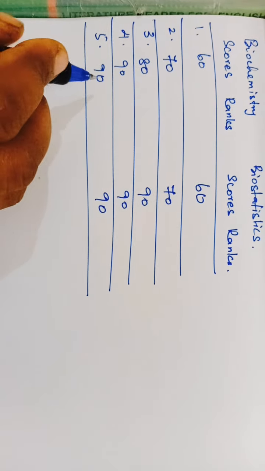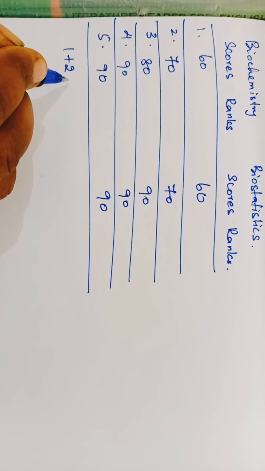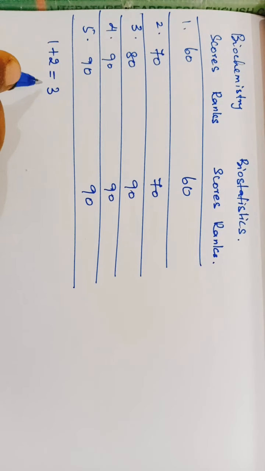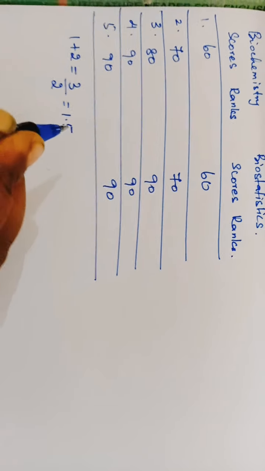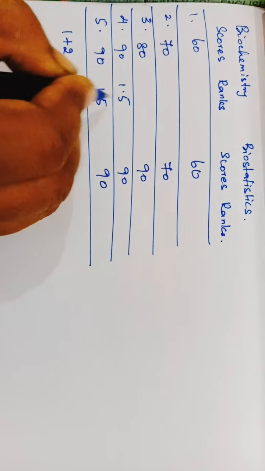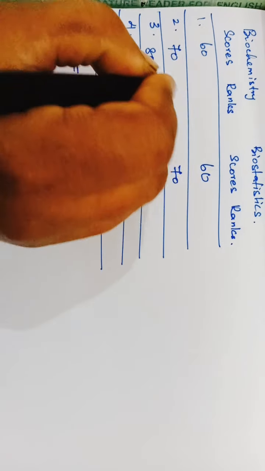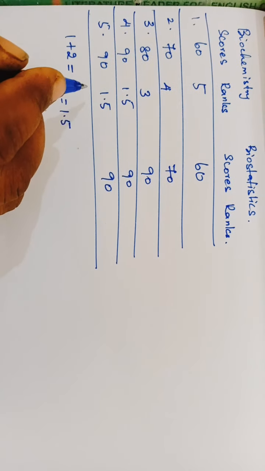For that we have a method: rank 1 and rank 2, both we have to add, that is 3, and since it is repeated 2 times we divide it by 2, that is 1.5. So let us assign rank 1.5, 1.5 for both.